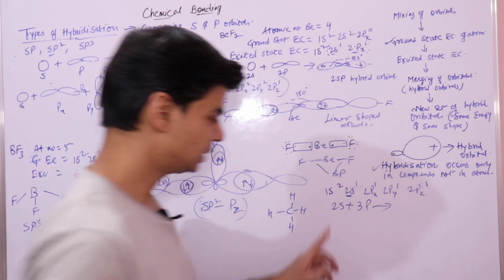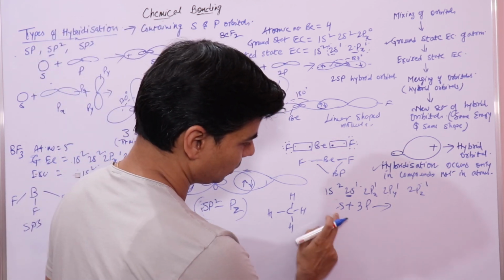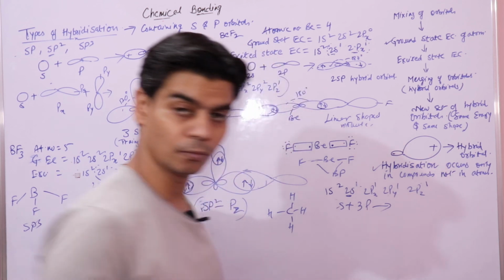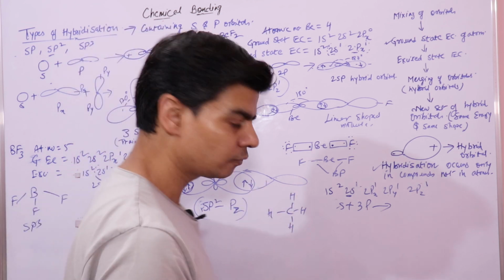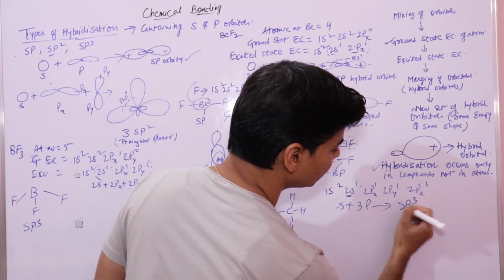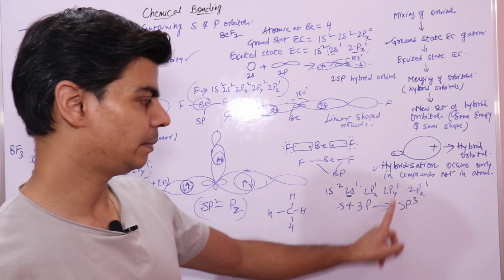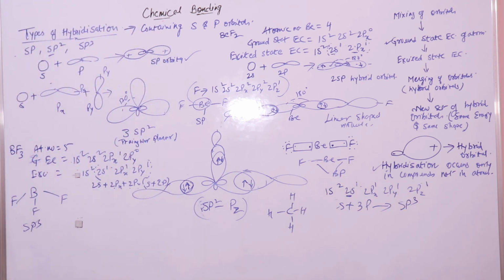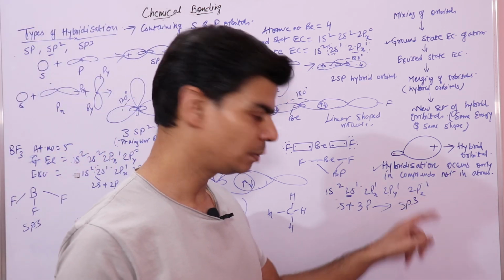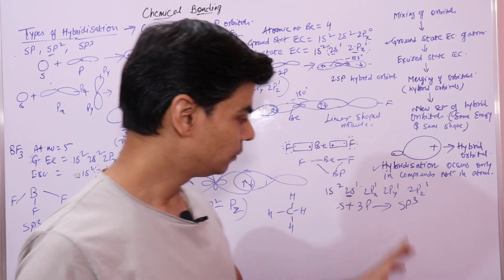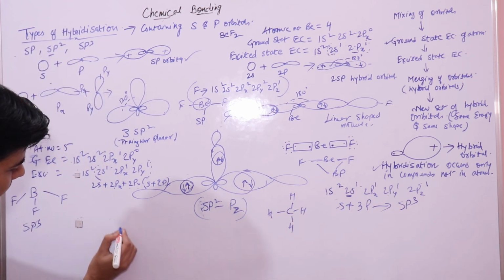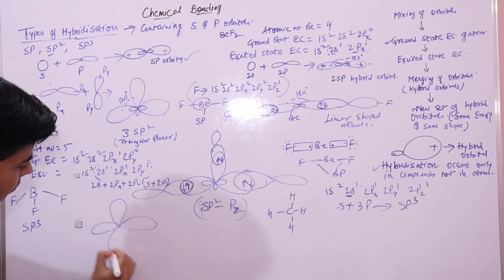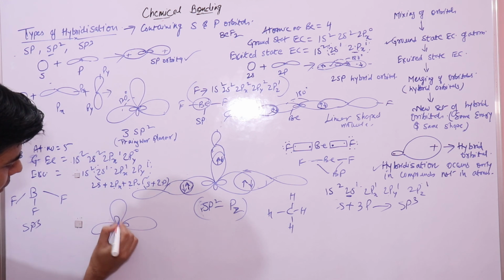So 1s and 3p, a total of 4 orbitals, will undergo hybridization to form 4 sp3 hybrid orbitals, which will have the same energy and shape. These 4 hybrid orbitals would be directed towards the corners of a regular tetrahedron, right? It will look like this, right? This is how it will look.